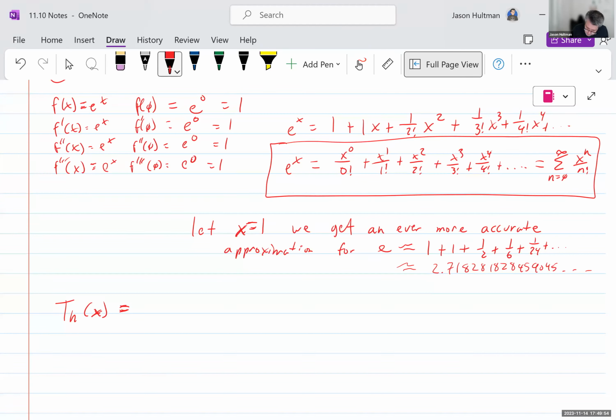T n of x is equal to the summation as i equals 0 to n. In this case, the n is where I'm stopping, not the indices. The indices is i. Of f of i, the ith derivative of a, all over i factorial times x minus a to the ith power.